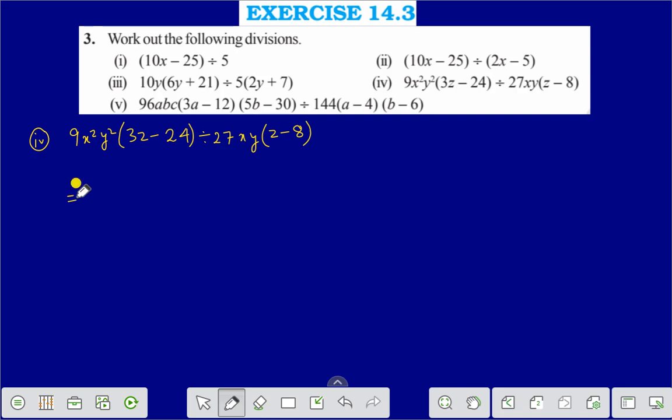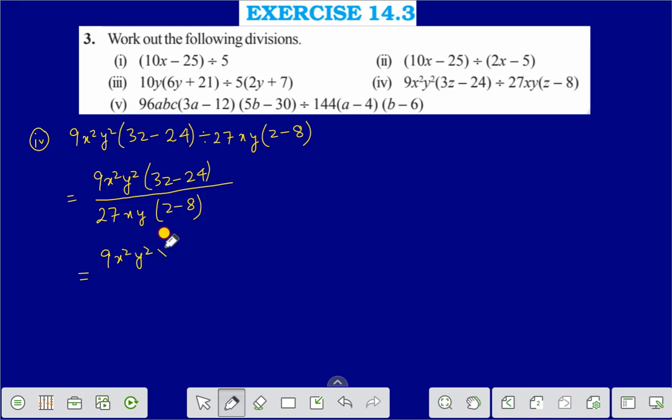Therefore, we can write it in this way: 9x square y square (3z minus 24) divided by 27xy (z minus 8). Take 3 as common: 3 times (z minus 8).